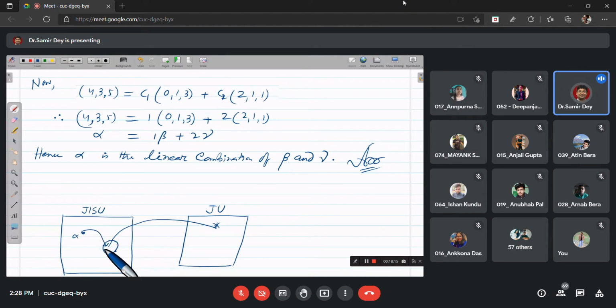Is it clear or not? Suppose anyone of our students wants to withdraw his or her name, then we should add another student like alpha. If alpha can satisfy some norms or condition, then only alpha can enter this position.